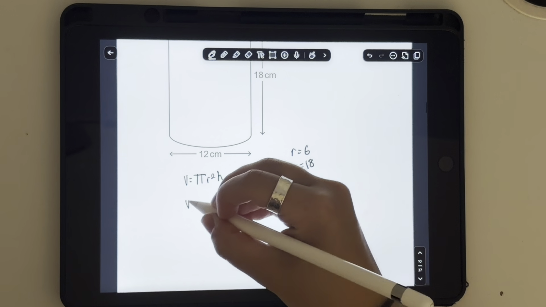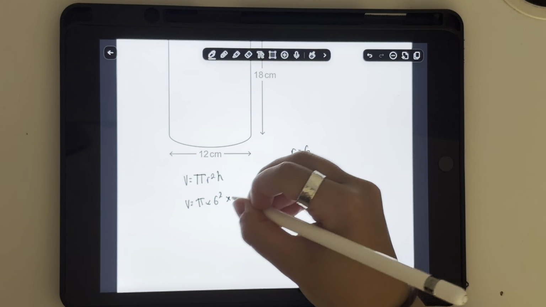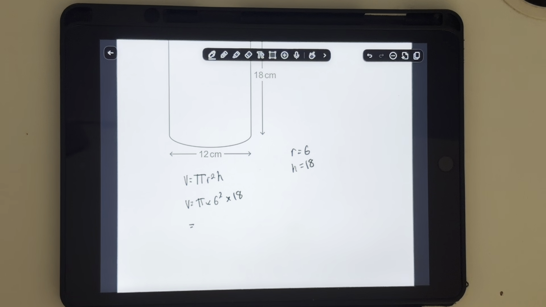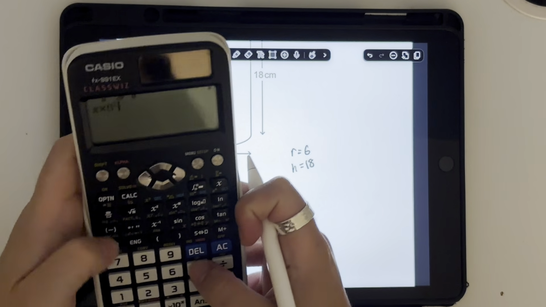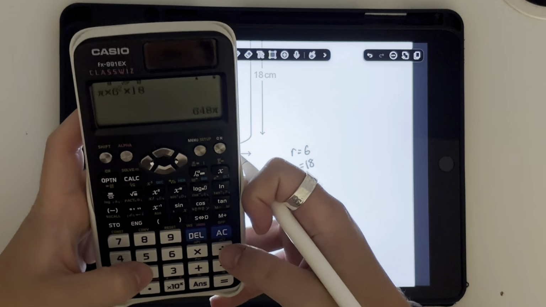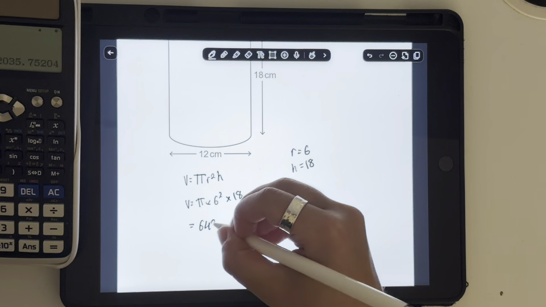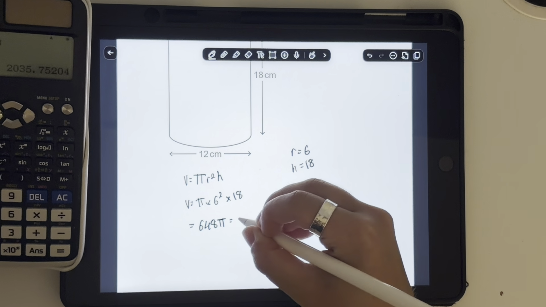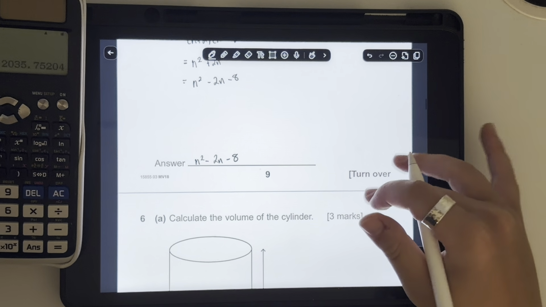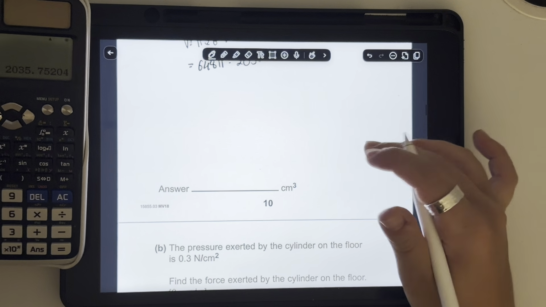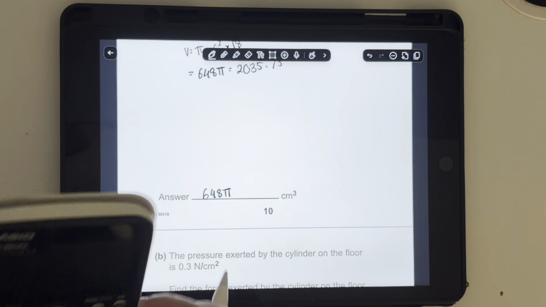So V equals pi multiplied by 6 squared multiplied by 18, which is 648 pi, which equals 2035.75. Does it say how it wants me to leave it? No, I'm just going to leave it as 648 pi to keep it exact.